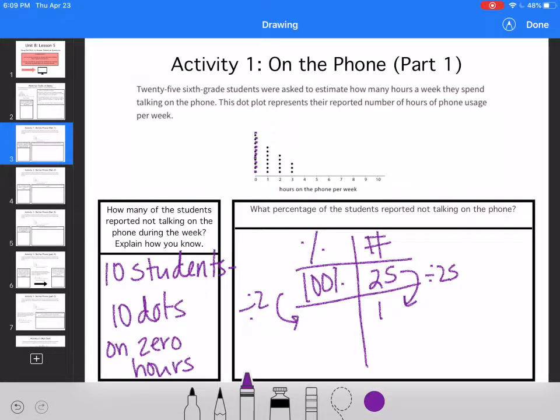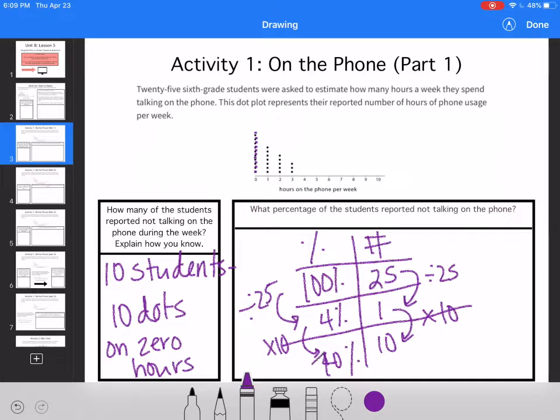Divide this side by 25, and I figure out that that's 4%. So we figured out that was 10 students because we counted them. So if I multiply this side by 10, I have 40%. So 40% of 6th graders don't talk on the phone.